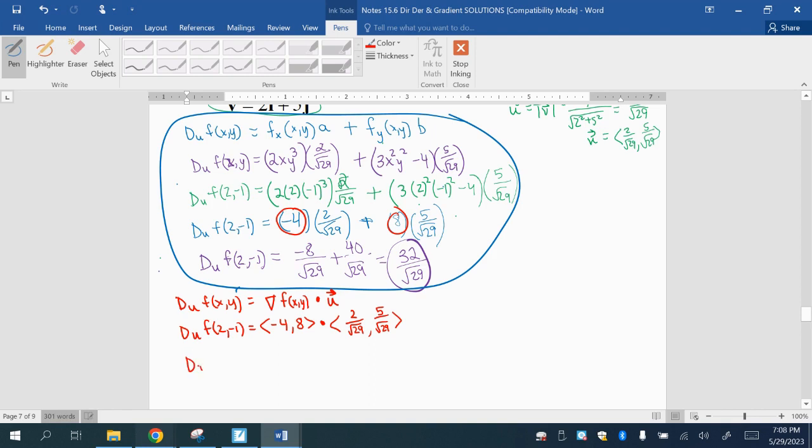And in a dot product, you multiply the x values, so -4 times 2 over the square root of 29, add, multiply the y values, and we get the same end result of 32 over the square root of 29. So the directional derivative is a scalar. It is a number. It tells us the derivative at a particular point.